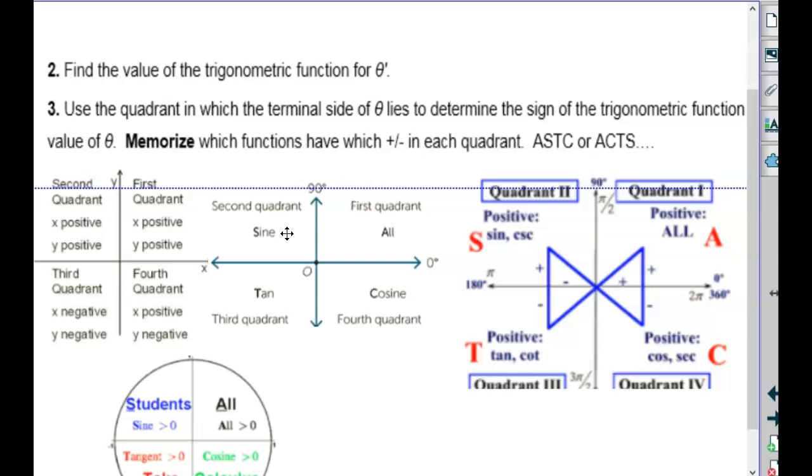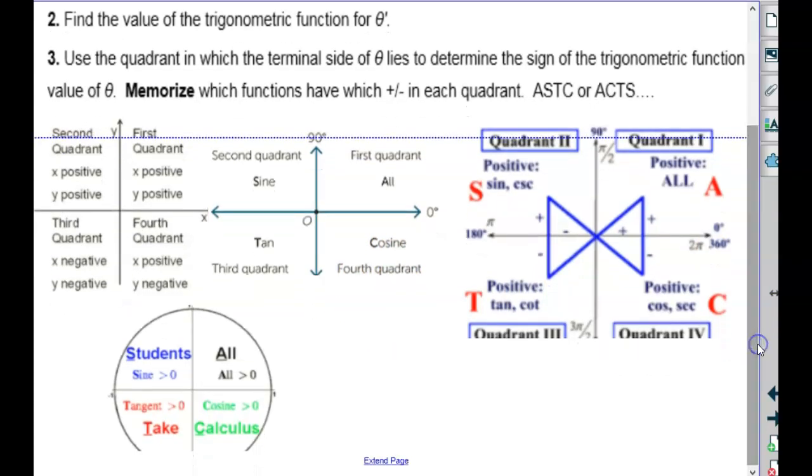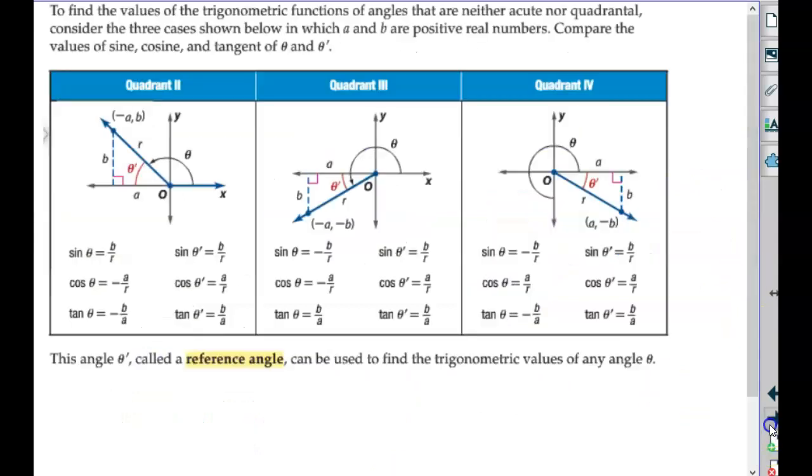Down here, the only thing that will be positive is tangent because x and y are both negative, but when you put them over each other, you get a positive. And in this quadrant, the cosine, because the x is positive but the y is negative, so cosine is positive. Anybody have that memorized differently or have a question about that? Okay.